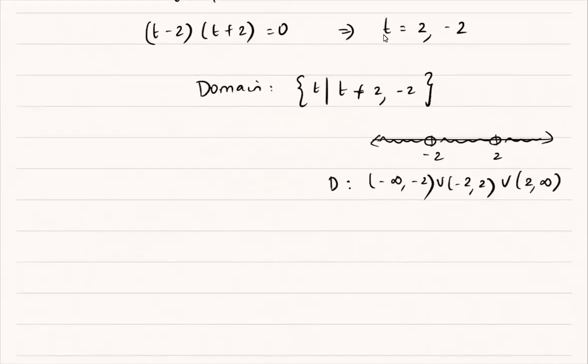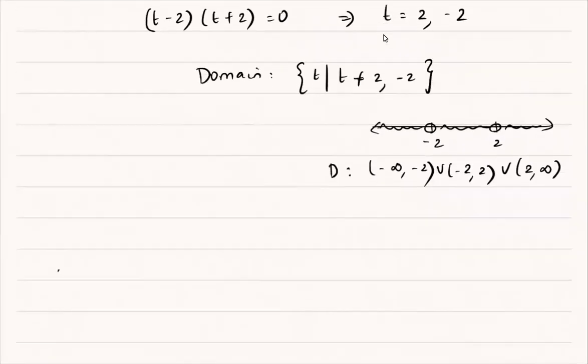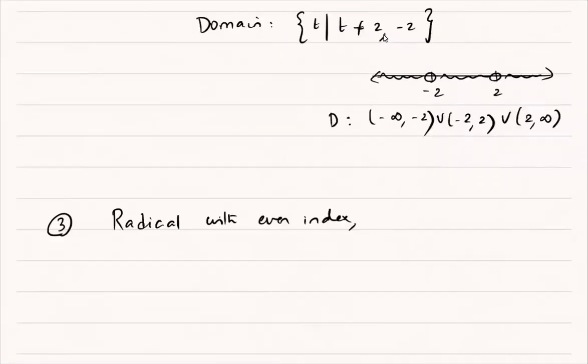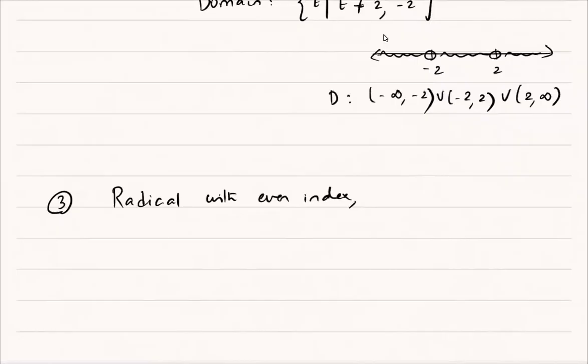Okay, so let's see one more example. In this example, we are going to look at the next restriction on a domain. If you have a radical with an even index, then you have to make sure that the radicand, or the expression within the radical sign, is always non-negative.